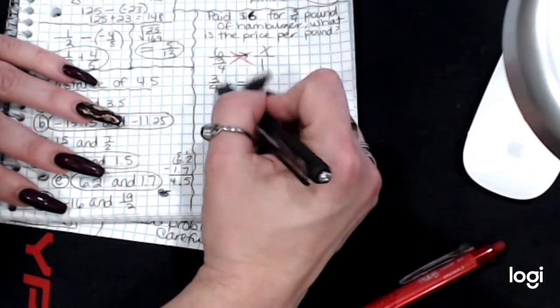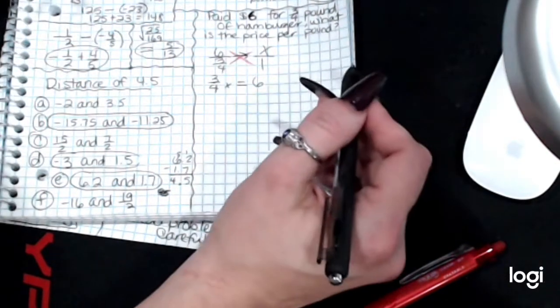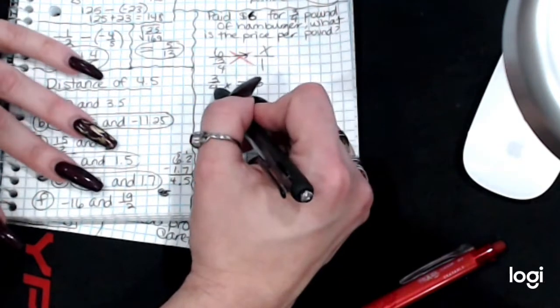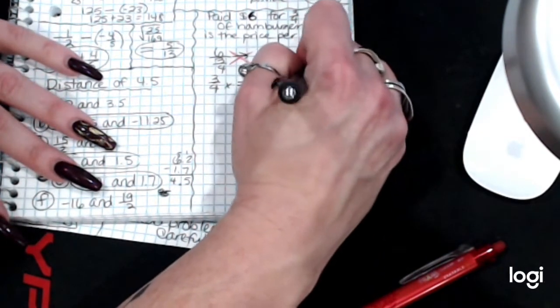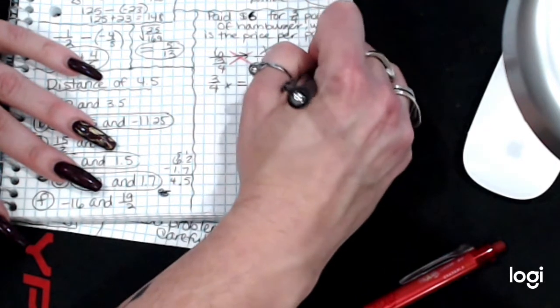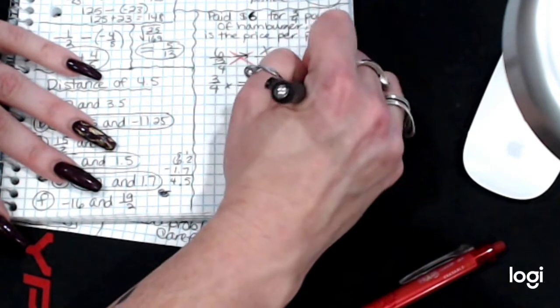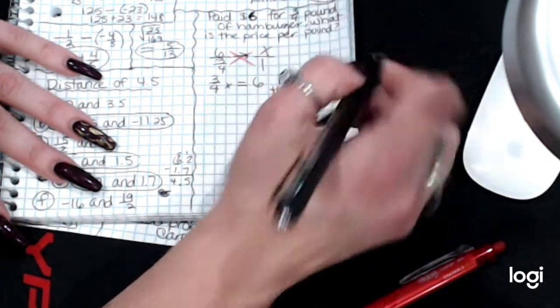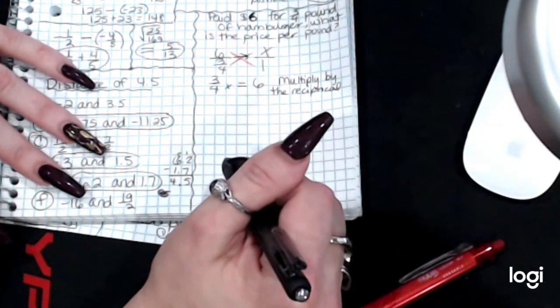To undo this fraction, because it's being multiplied by X, we have to divide by it. But when we divide by a fraction, we multiply by the reciprocal. So I'm going to write that down. Multiply by the reciprocal. Now, many of you have learned that as keep, change, flip, or KFC.